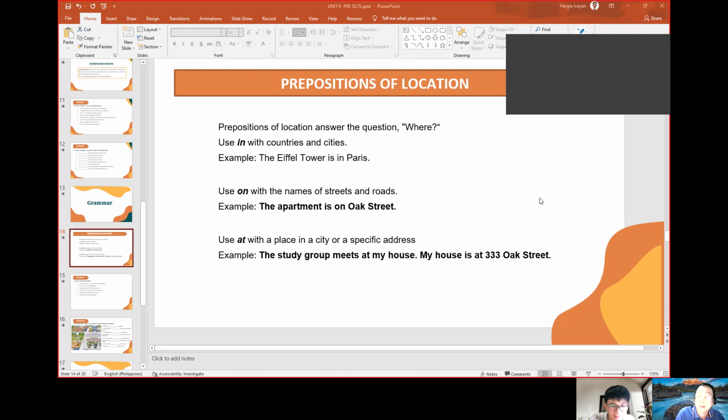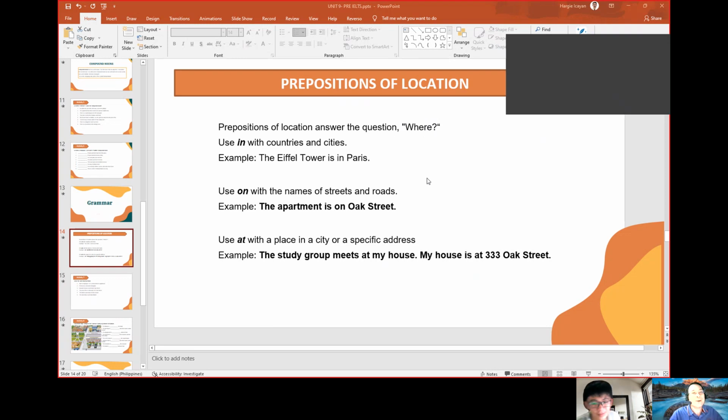Prepositions tell where a particular thing is, or its location. That's why we say prepositions of location. In the prepositions, we answer the question where, meaning that is a place, right?